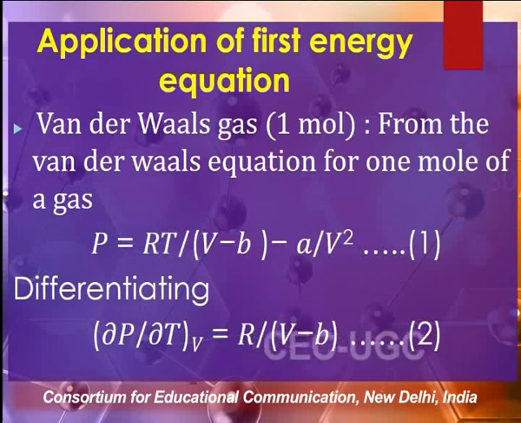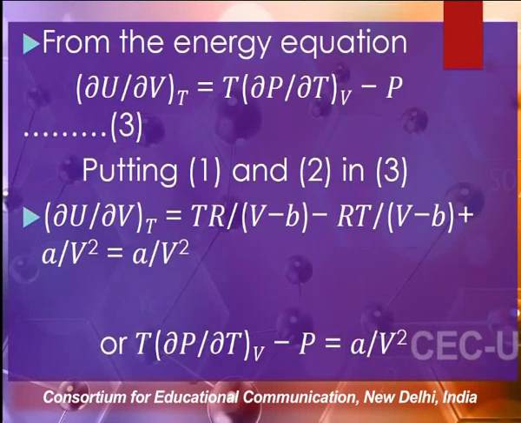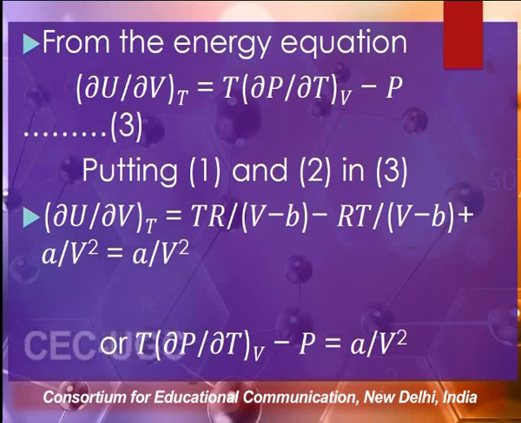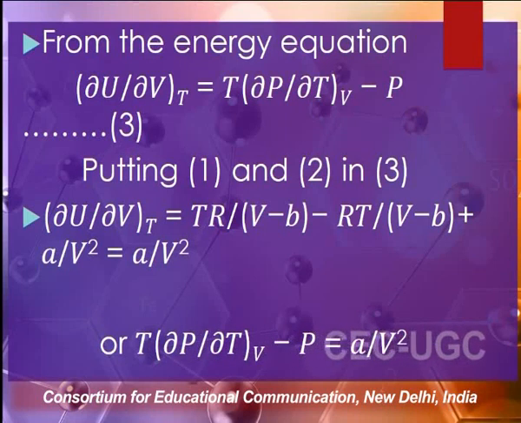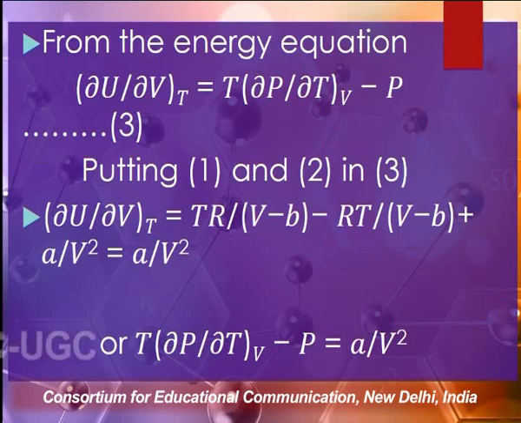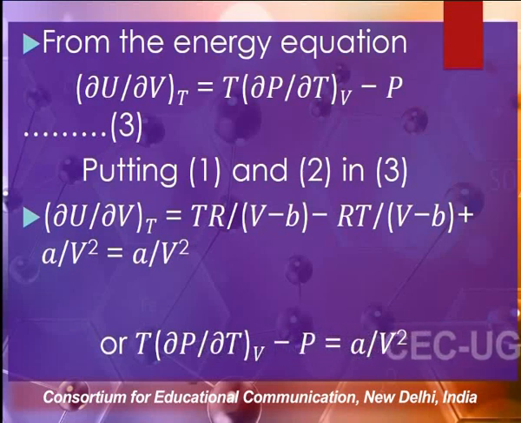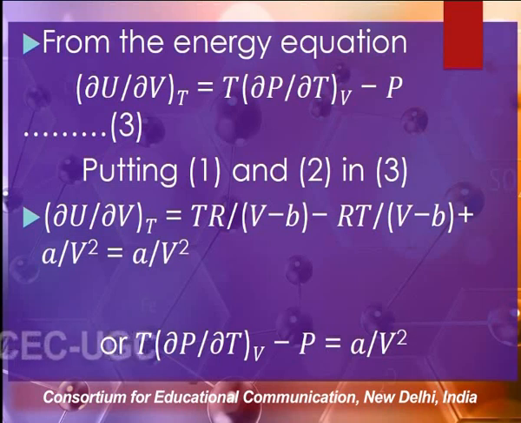Call this equation 2. If I substitute equations 1 and 2 in equation 3, where equation 3 is the energy equation just derived, I get ∂U/∂V at constant temperature is equal to RT/(V minus b) minus RT/(V minus b) plus a/V².